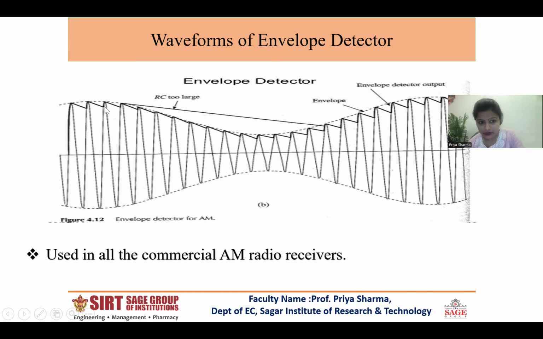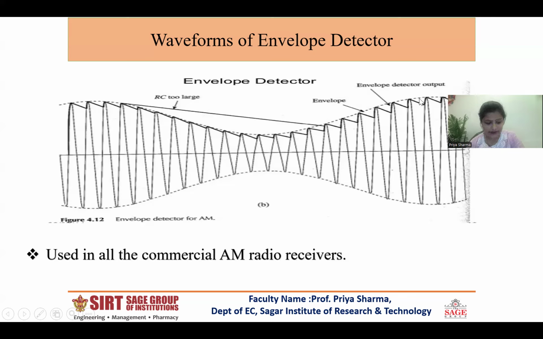Again it discharges through R, then it charges to its peak value, and then again it discharges. This is how the peaks come, and we can join the peak points to recreate the transmitted message signal.